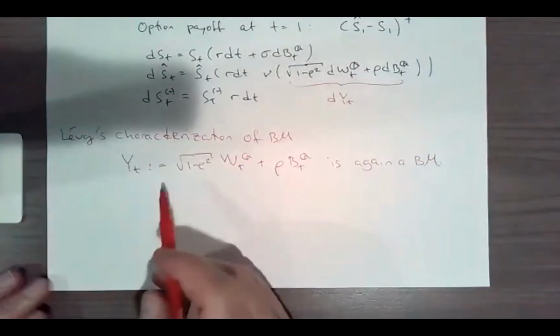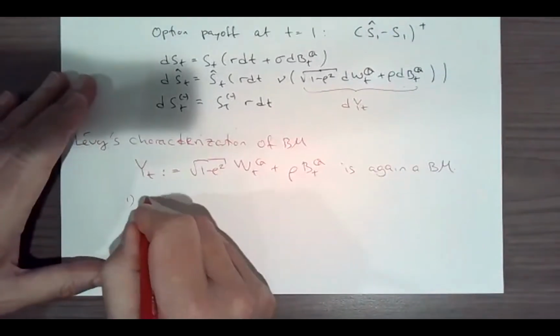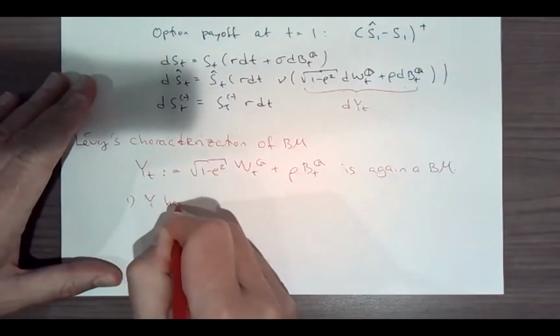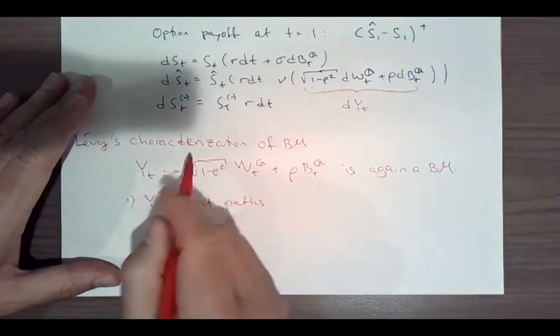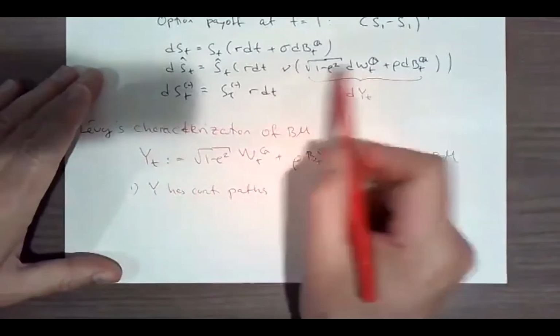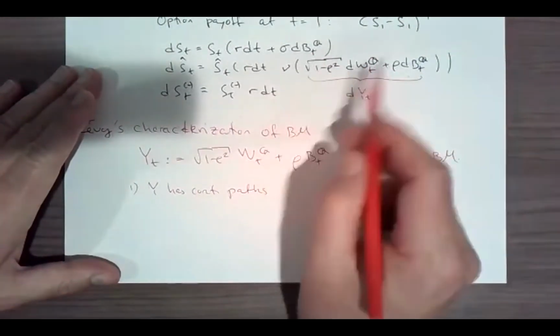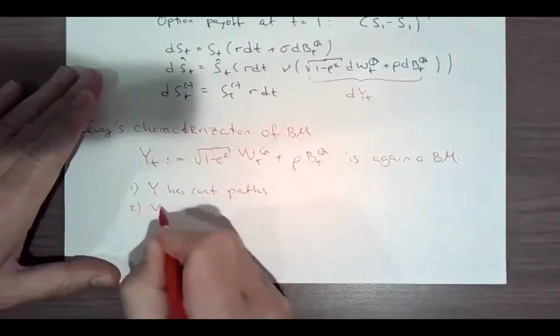In Levy's characterization, there are 3 things that one should check. One is that Y has continuous paths. You don't need this to solve the problem. I'm just telling you this because this construction is something that you'll find in lots of the problems.